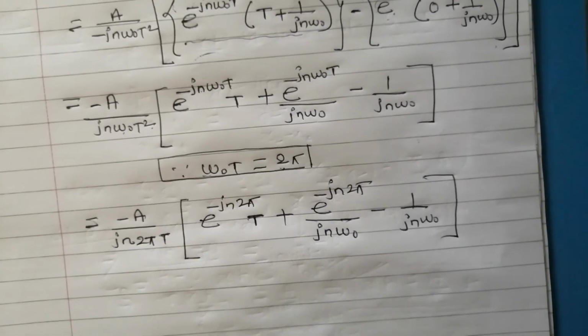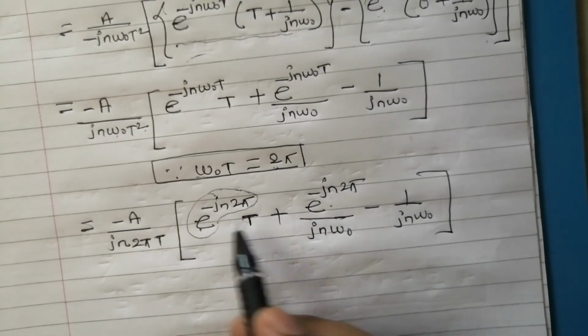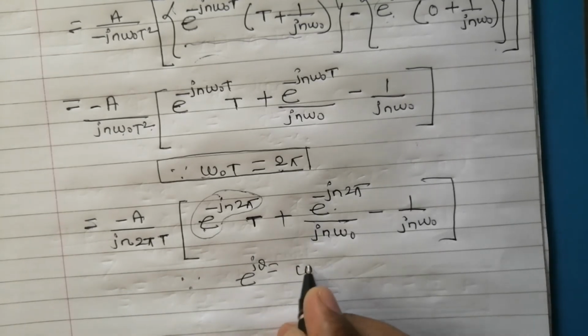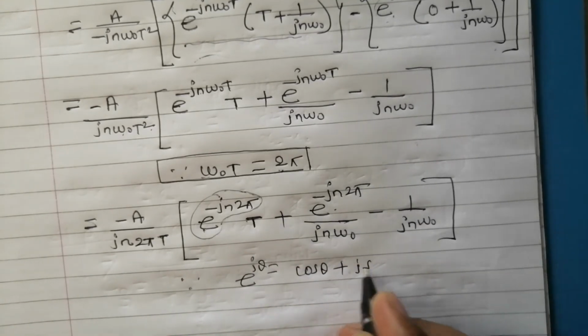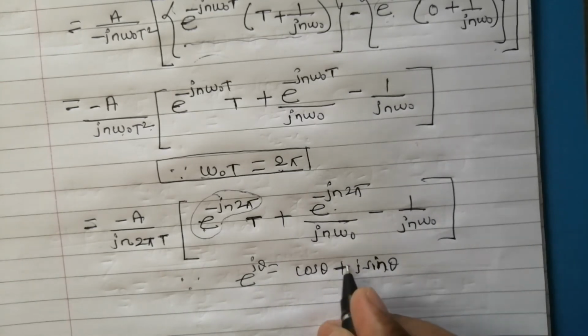Now let us simplify this part. Since e raised to power j theta is cos theta plus j sin theta, this is a relation that we know.